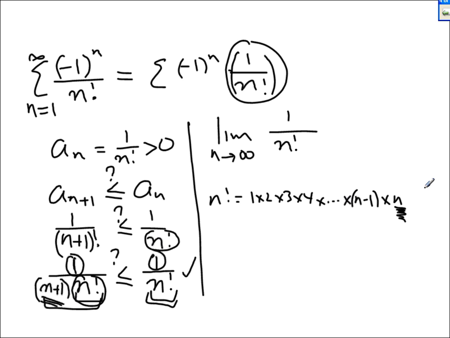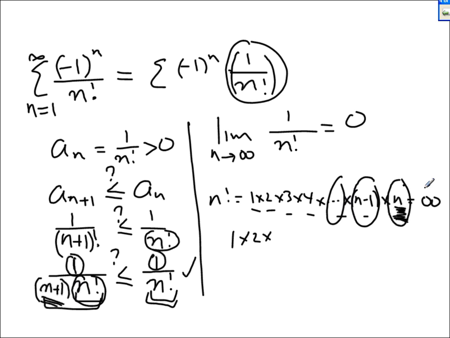This thing is taking off, and yes, this is going to 0. 1 times 2 times 3 times 4, etc., times n, and n is getting really big. It's infinity. Just the last number itself is going to infinity, and I'm multiplying it by 1 less and 2 less. 1 times 2 times 3 all the way up to n is bigger than n.